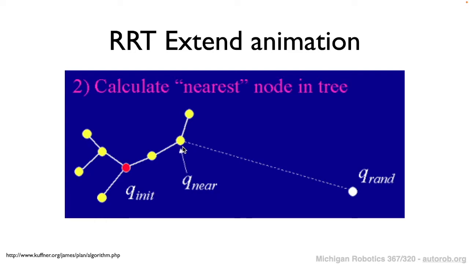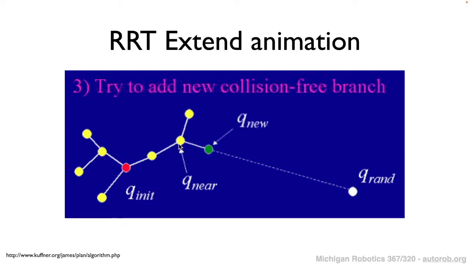We've now identified the nearest point in our tree, and then we'll decide on a potential q_new that is one epsilon step length along the straight line path from q_near to q_rand. This q_new will be considered for addition to the tree, where it'll be added if it's not in collision with the environment, which in this case it is not. So there are no obstacles overlapping with q_new. We'll then add it to our tree and follow on to the next step of the RRT algorithm.